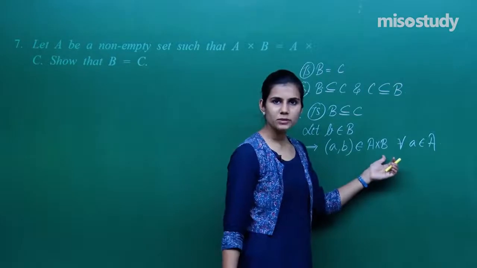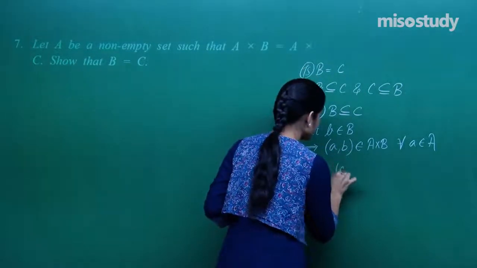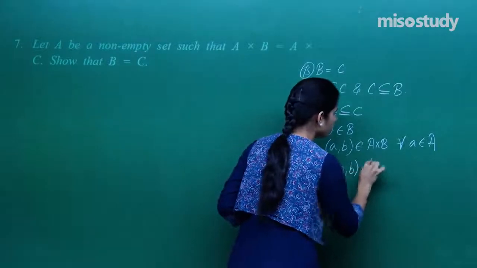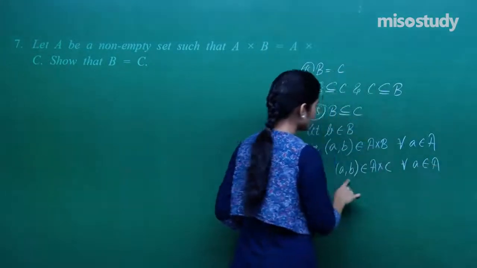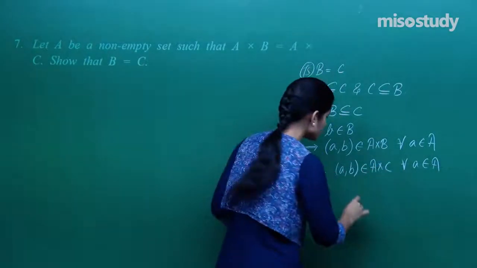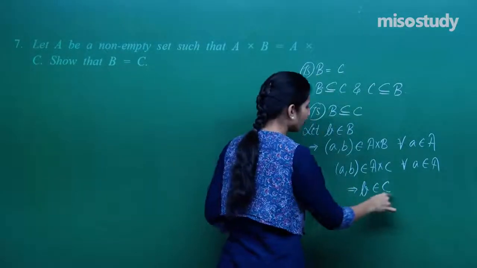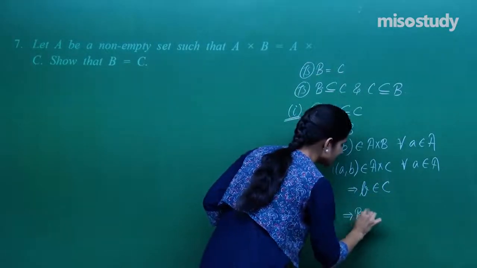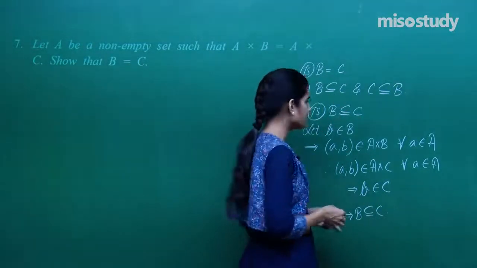This will belong in A cross B, but A cross B is same as A cross C. That means (a, b) belongs in A cross C for all a in A. If (a, b) is belonging in A cross C, that means the second component is coming from the second set, which implies b belongs in C. b was in B, now b is in C. This implies B is contained in C because this small b was arbitrarily chosen from set B.